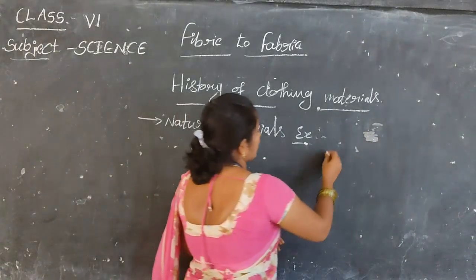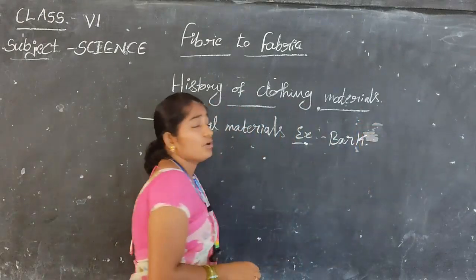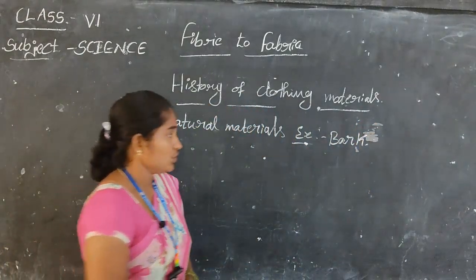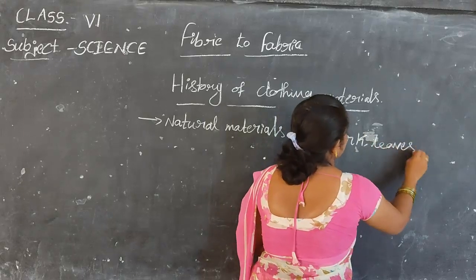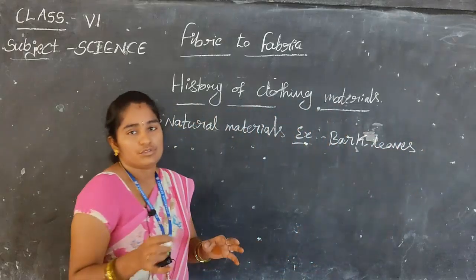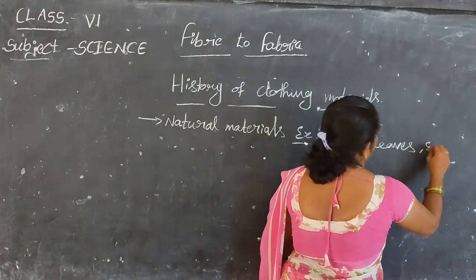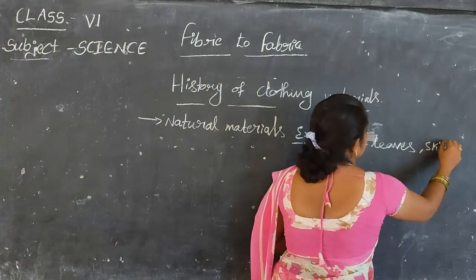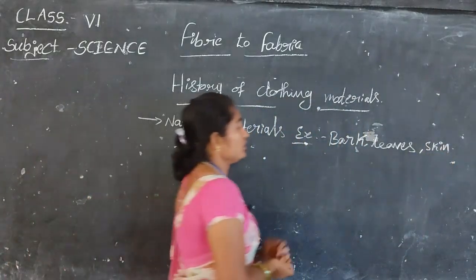They are taking the bark of the tree and also leaves of the plants and skin of the animals and fur.